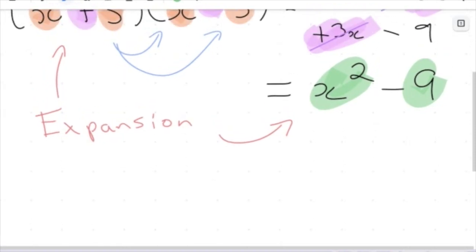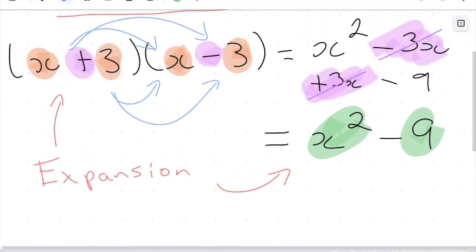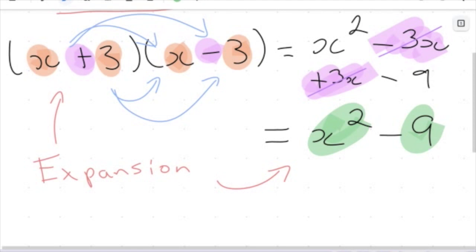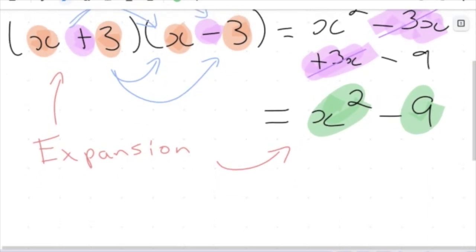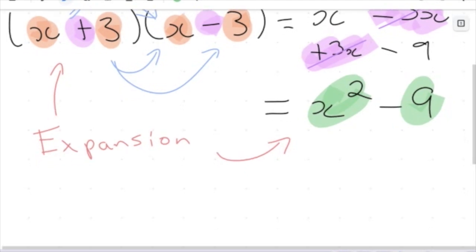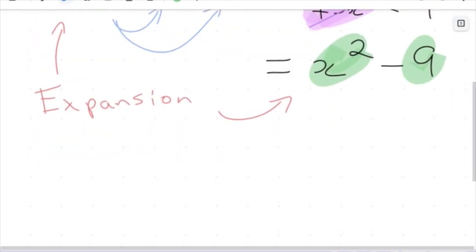So one particular thing we can note, because perfect squares always end up coming out the same way, they're a very special case of quadratic expression. Now, x squared minus 9. This is what we end up with as a difference of two squares. And it's in the name, right?